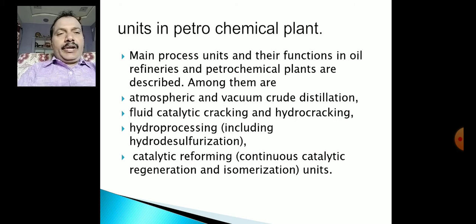These are the important cracking techniques used in the petrochemical industry, along with hydroprocessing including hydrodesulfurization, catalytic reforming, continuous catalytic regeneration, and isomerization units. So these are the units available in the petrochemical plant.